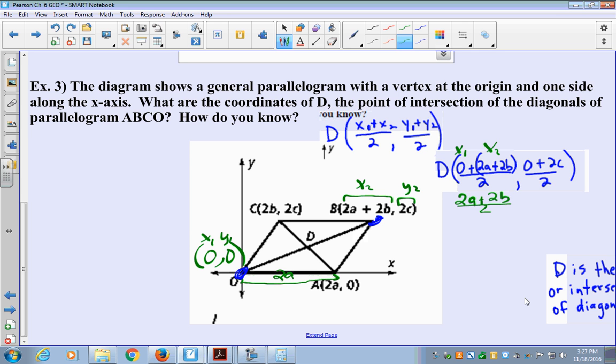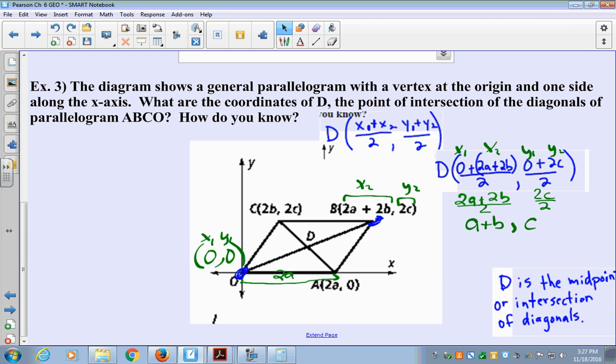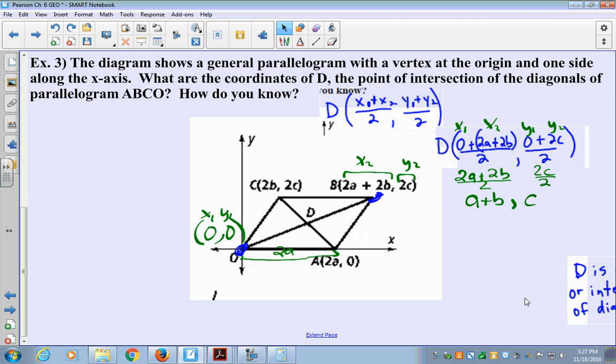2a plus 2b divided by 2 is the same as a plus b. Now the y's: y1 is 0 and y2 is 2c. 0 plus 2c is 2c, and divided by 2 is just c. So our D coordinate is a plus b, comma c.